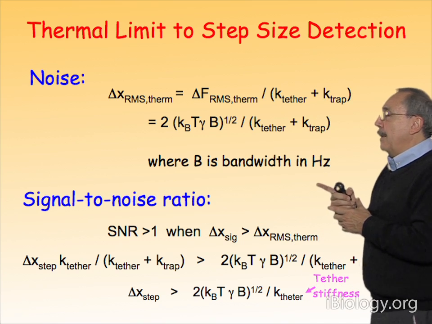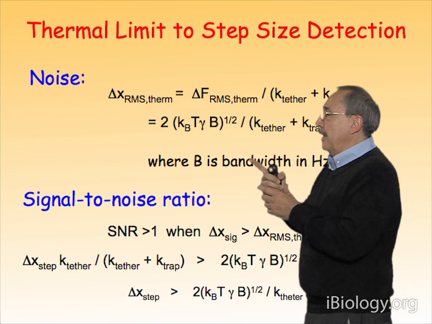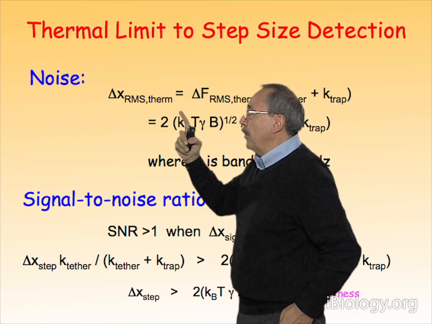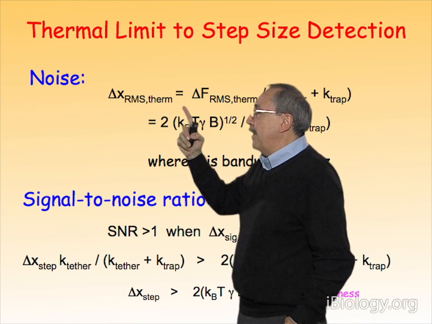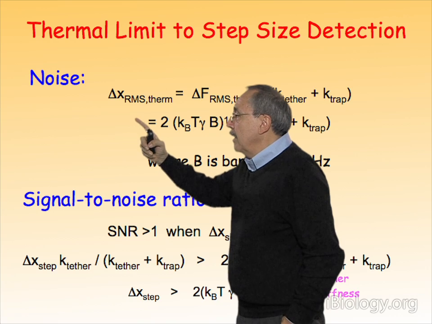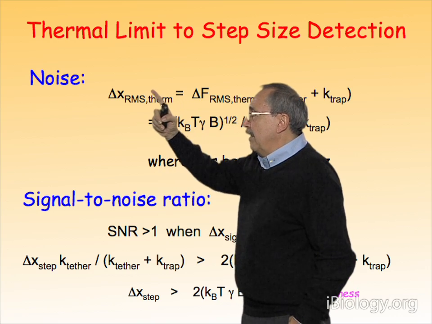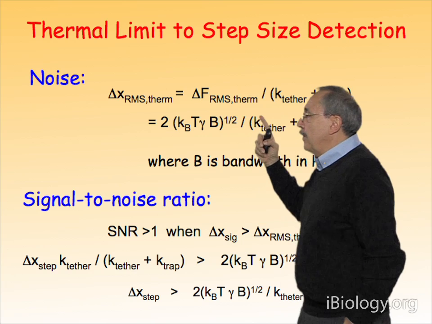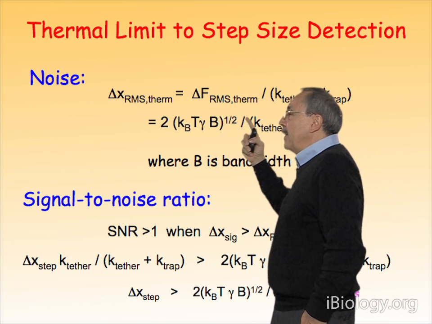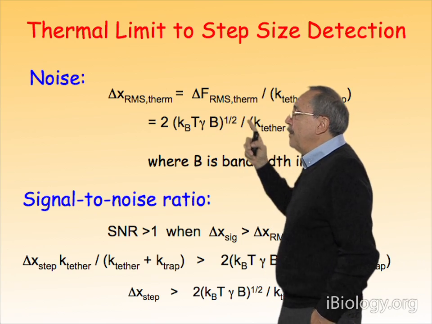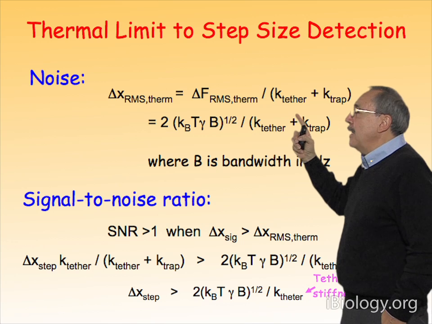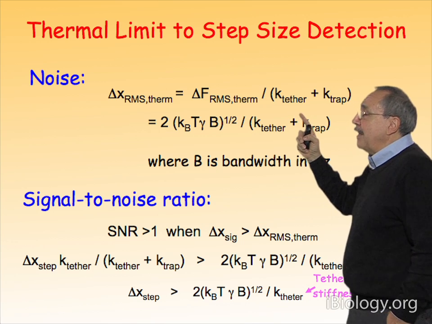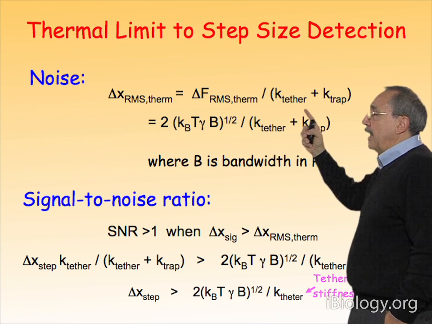So here is the noise that I'm going to observe of the bead in the trap. It is nothing but the root mean square displacement of the bead due to thermal noise, which is equal to the root mean square force fluctuation due to thermal noise divided by the combined kappas, the combined stiffness of the tether and the trap, as I indicated here, right?